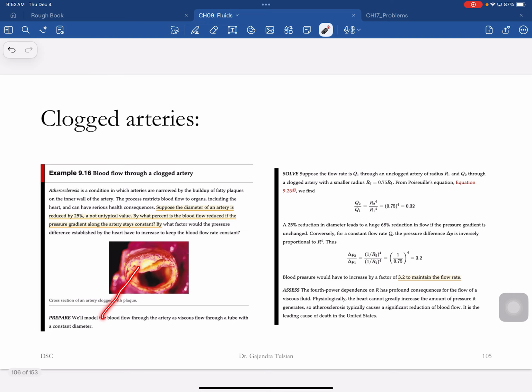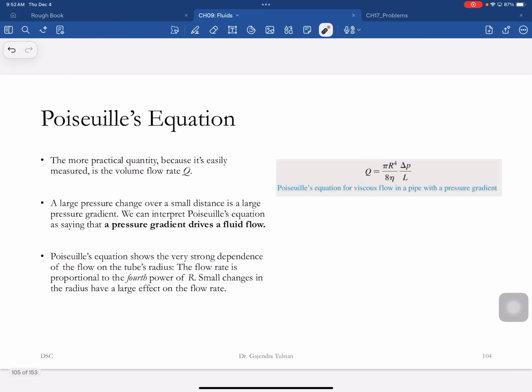Let's put some plaque in somebody's blood vessel. What did you do? You decrease the effective radius of the tube, so the blood flow rate decreased. What can you do to maintain the blood flow rate?